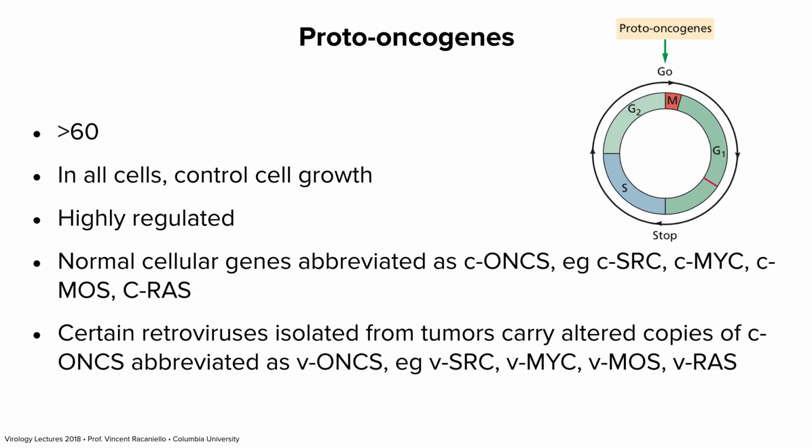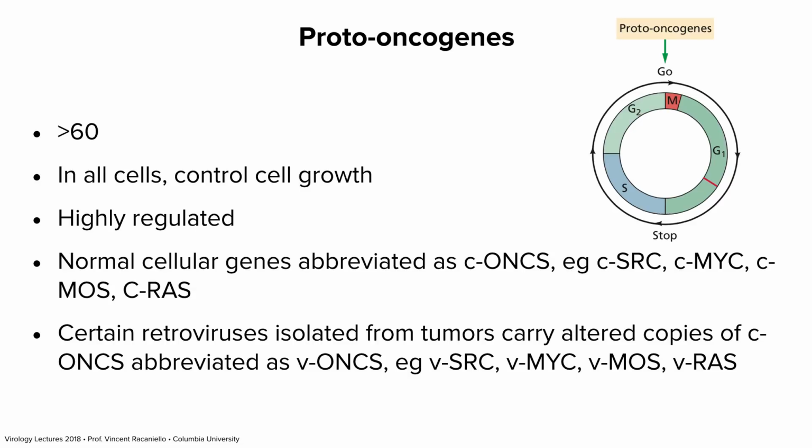So the proto-oncogenes, the normal cellular genes, have these kinds of abbreviations like C-SRC, C-MYC, MOS, RAS, etc. for all of those genes picked up by the transforming viruses. And then the virus copies are called V-SRC, V-MYC, etc. Sometimes these are unaltered copies of the cellular gene, but as I said, often they contain mutations and rearrangements that even increase their transforming ability.